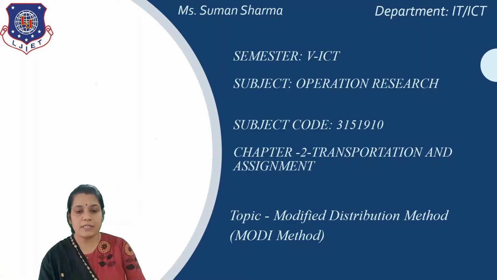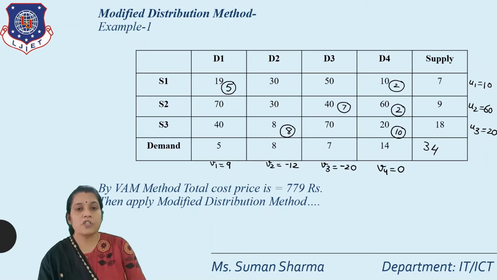Next, if a question is given in the feasible solution form, that means we find the optimum solution, that means the modified distribution method. So first you find the feasible solution with the help of the northwest corner method, least cost method, or Vogel's approximation method. Okay, so first we have one example, and according to this example the allocations are already given.